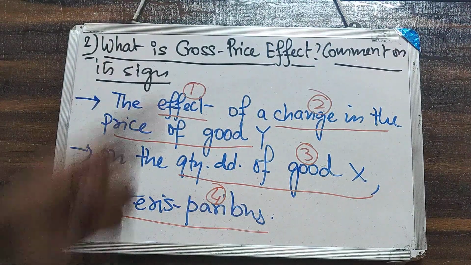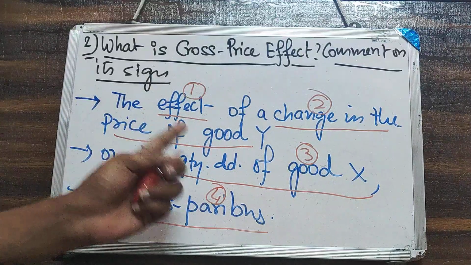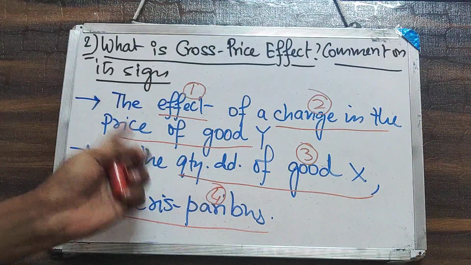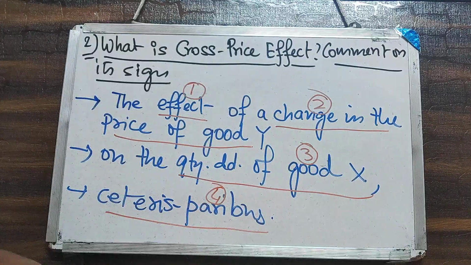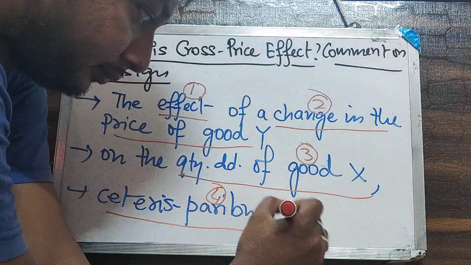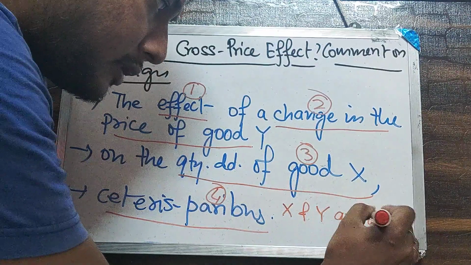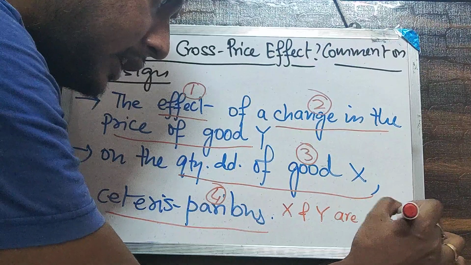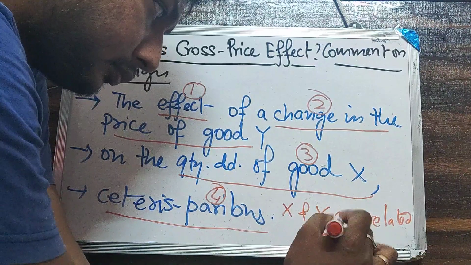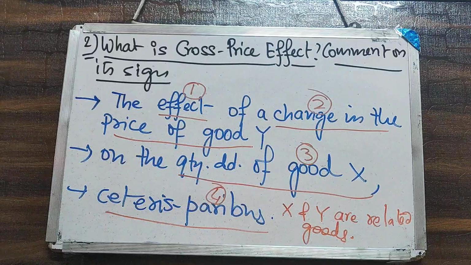So it is the effect of a change in the price of good Y on the quantity demanded of good X. Always remember that here X and Y are related goods.